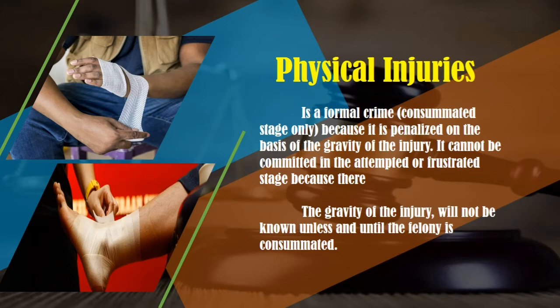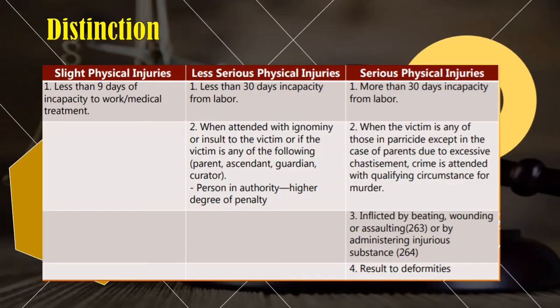So how are these kinds of physical injuries differentiated? We have the slight physical injuries, the less serious physical injuries, and the serious physical injuries. For the first one, the slight physical injury, this is with less than 9 days of incapacity to work or of medical treatment.